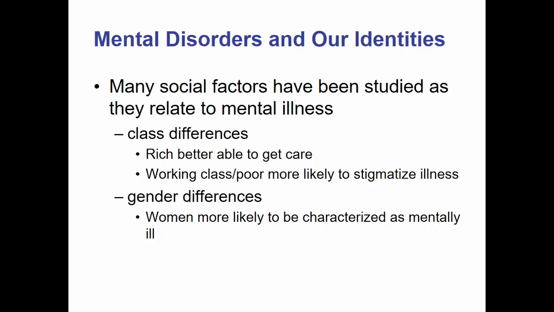And this causes people to perceive women as being mentally ill more often than we perceive men as being mentally ill. With that said, women are more likely to actually get help when they are suffering from mental illness. So it's a gender dynamic. It doesn't just swing one way. Sure, women are more likely to be effectively called crazy, but they also are more likely to actually get help.